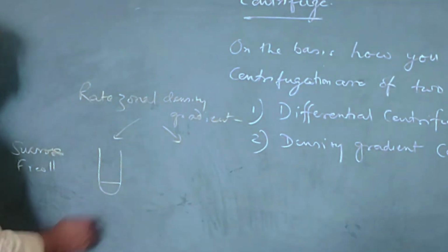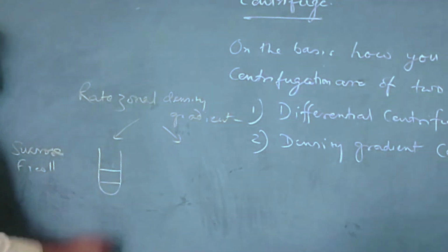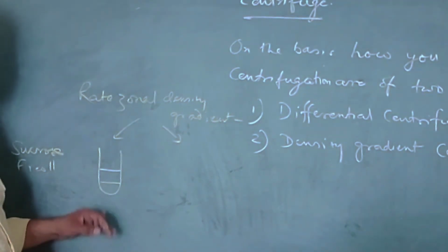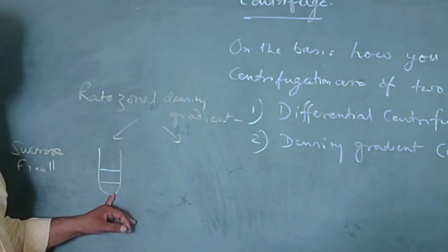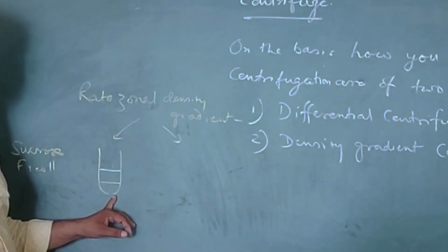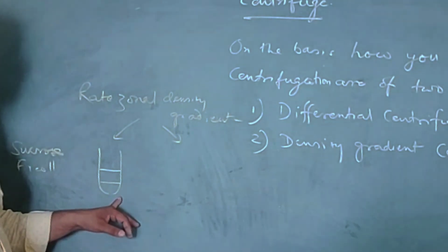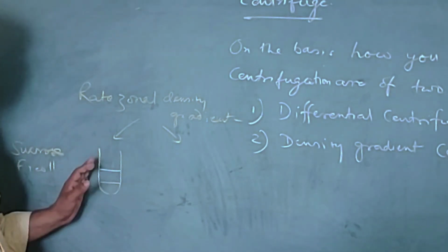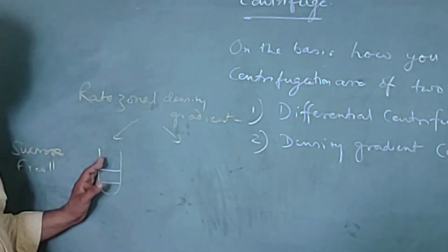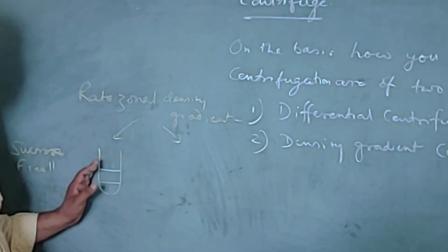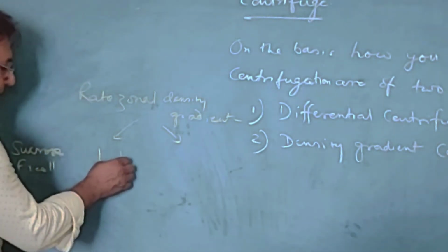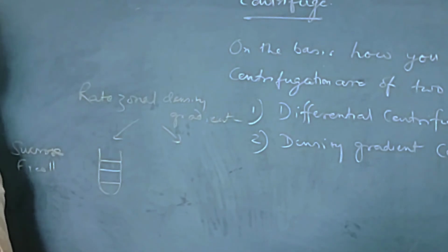Then you pour the medium density solution. And you have to pour very carefully, otherwise they will mix up. They will mix up and you will totally spoil the experiment if you don't make this gradient properly. Then you pour the lighter density solution above that.